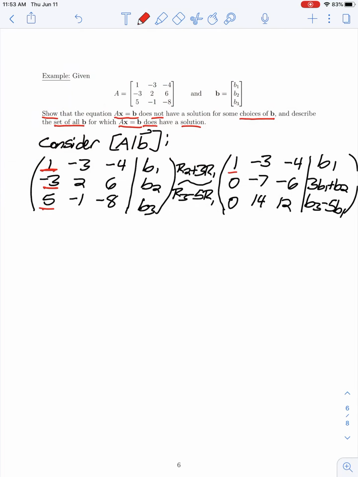So I have now a first column of 1, 0, 0.